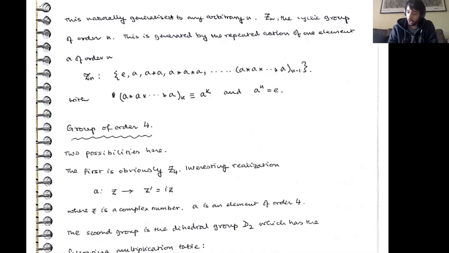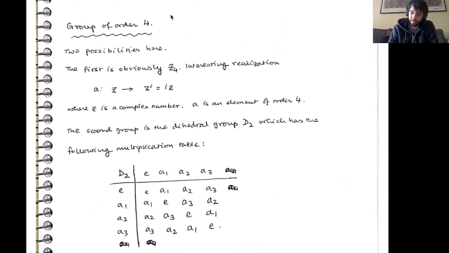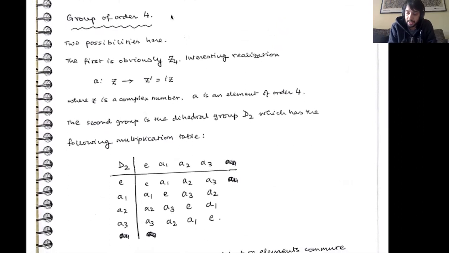All right, so moving on, let's discuss groups of order 4. There are two possibilities here. First is obviously Z4, which we just discussed, and an interesting realization of Z4 is Z prime equal to iZ. So it's very clear what's happening.